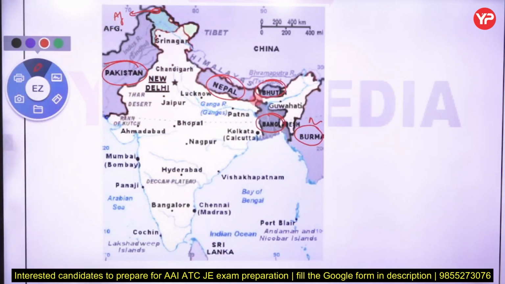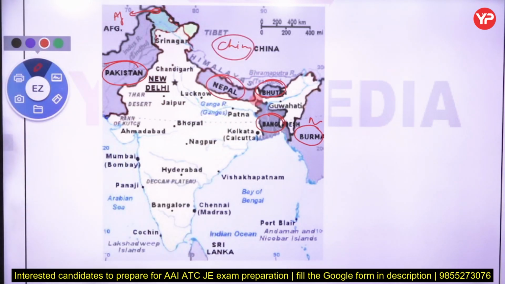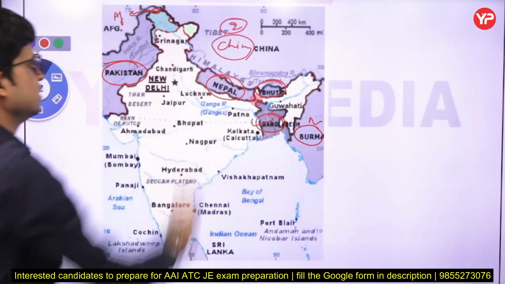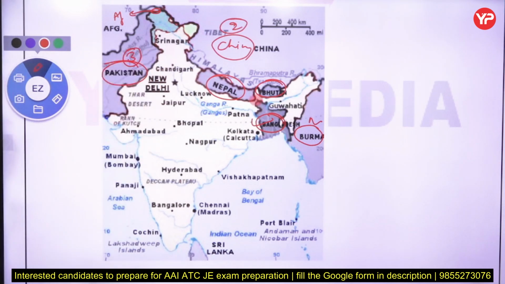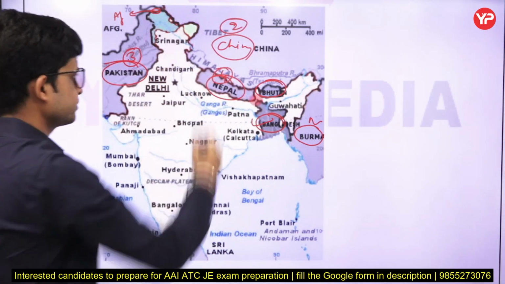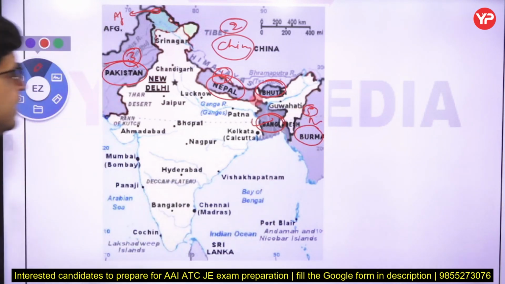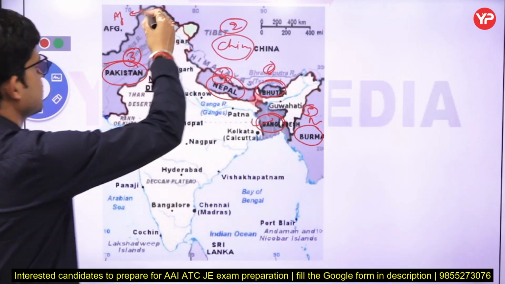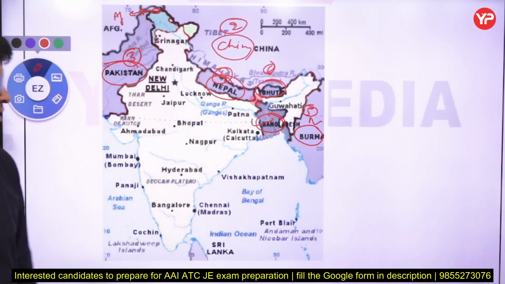Okay, that is the country 4, 5, 6, and that is last China. So these are the countries, and the longest border is shared with Bangladesh, then second China, ठीक है, then Pakistan, then Nepal, then Myanmar, then Bhutan, and last is Afghanistan. Approximately 100 kilometer border is shared with Afghanistan.